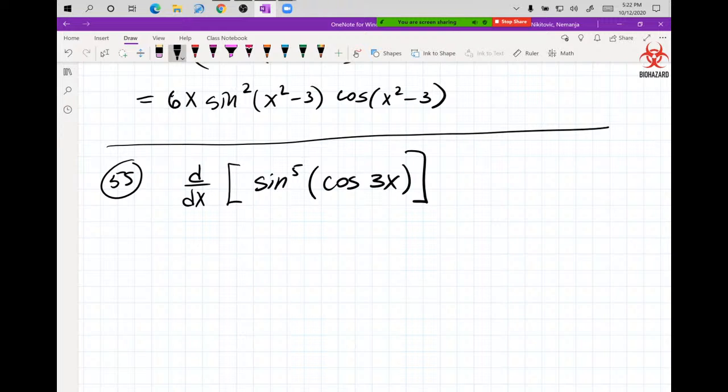x to the 5 is the first one. 3x is the last one. So we have 4 functions. Good.